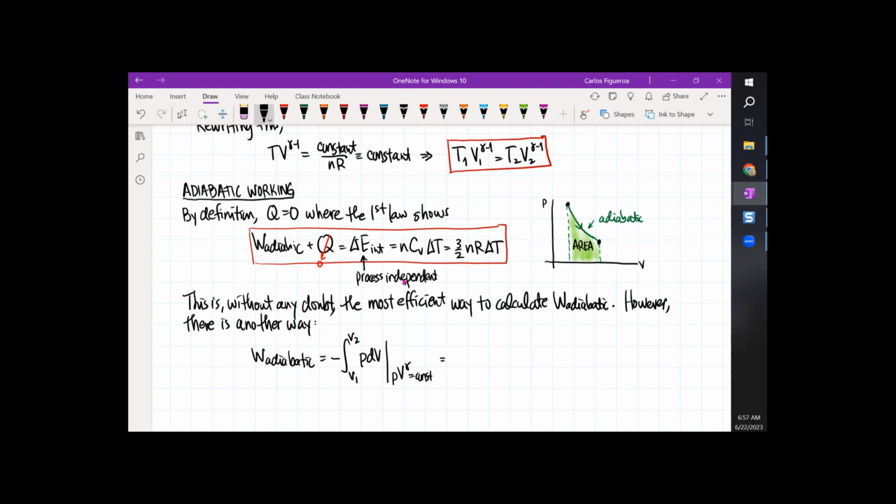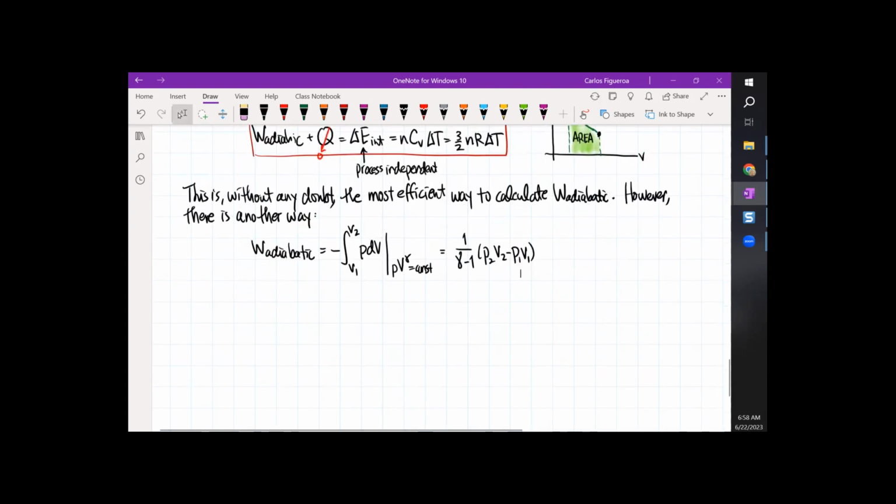If you do this, you get an expression that reads 1 over gamma minus 1 times the difference of P2 V2 and P1 V1. This works just as well, but I think that the way our system's set up, it's more useful to use the other one.